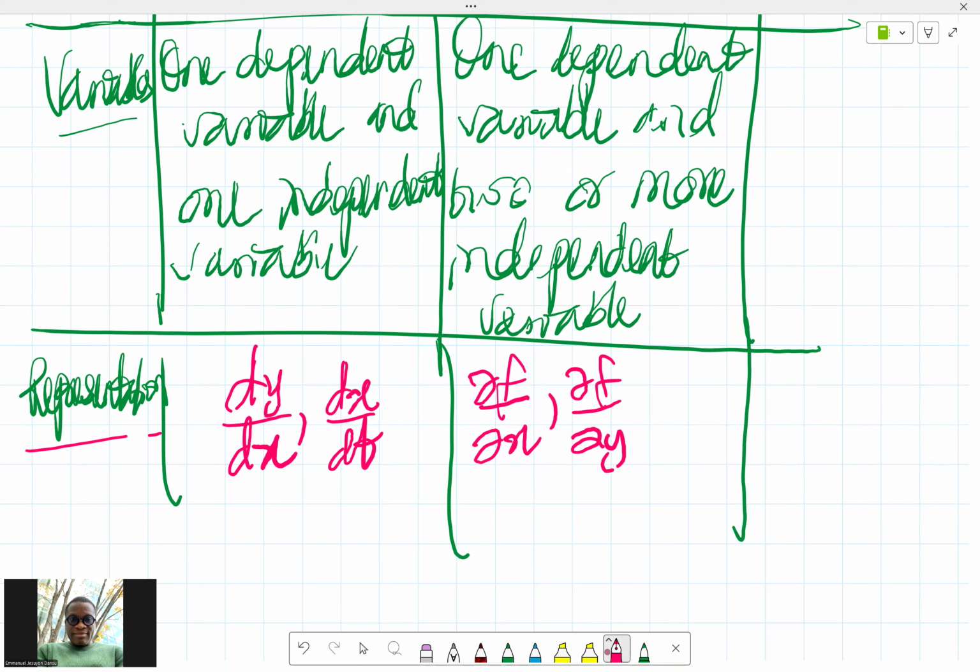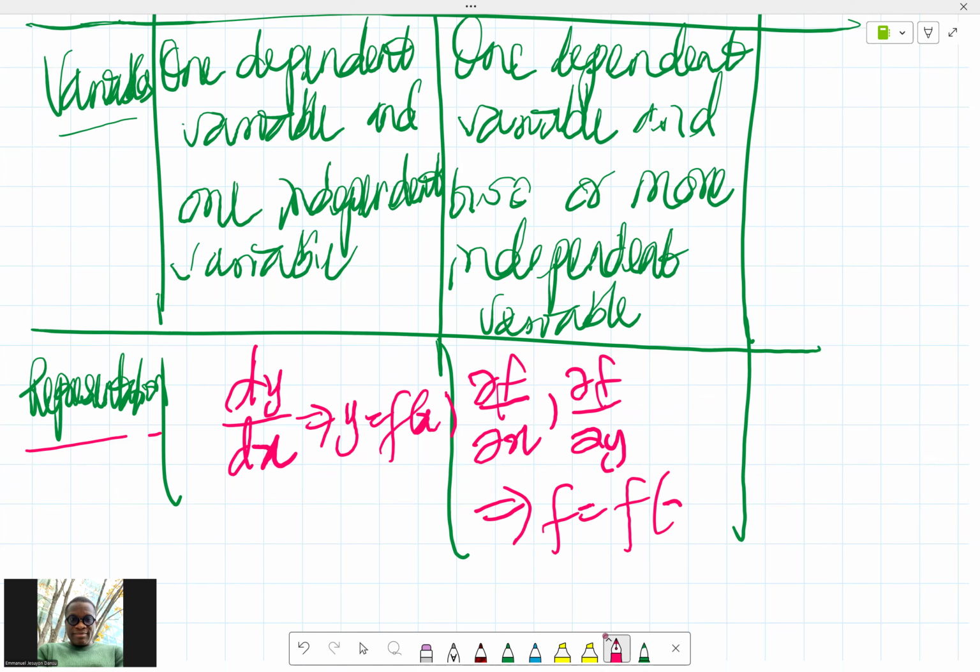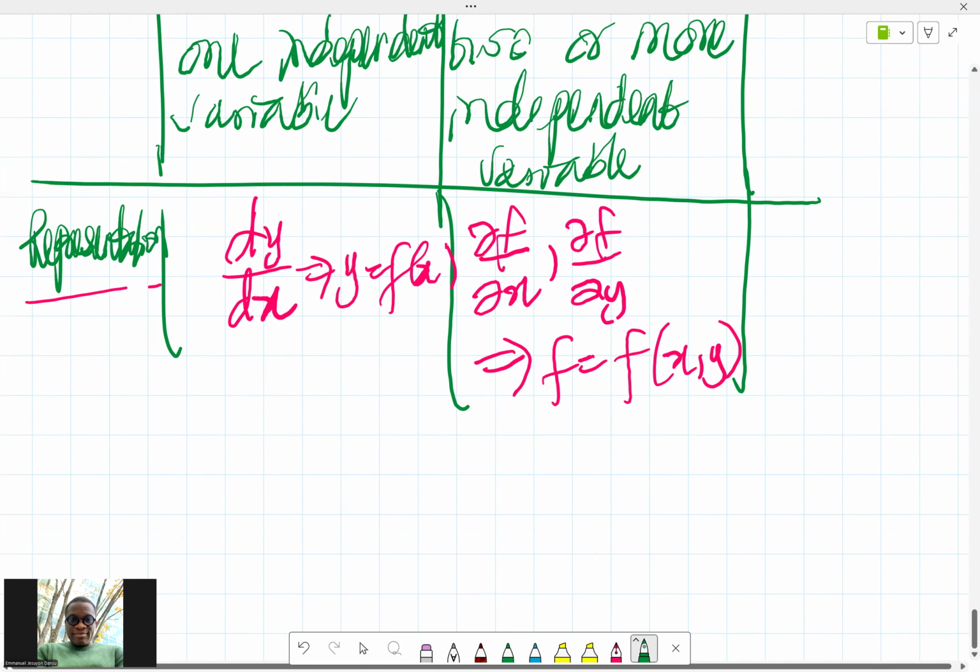To drive the point home, I'll leave it as dy dx. In essence, this implies that y is a function of x, but here f is a function of both x and y, because we have more than one independent variable.